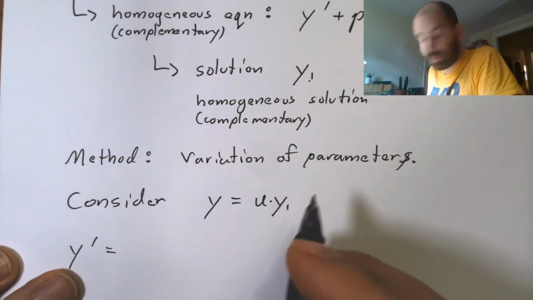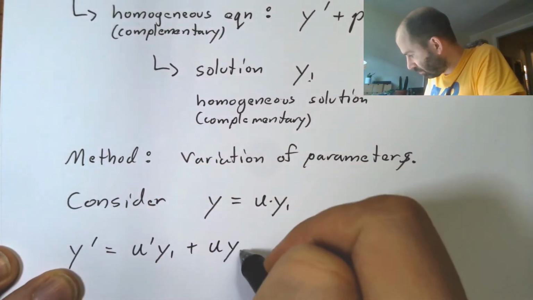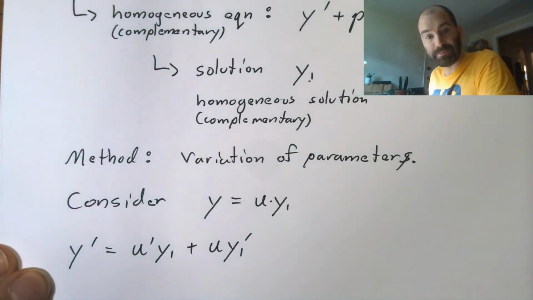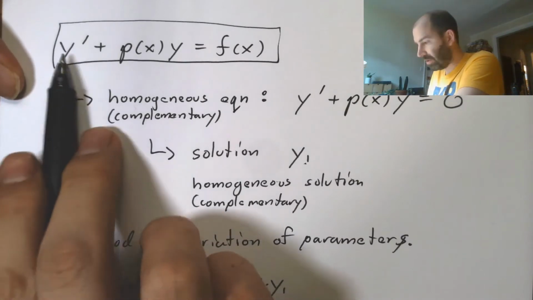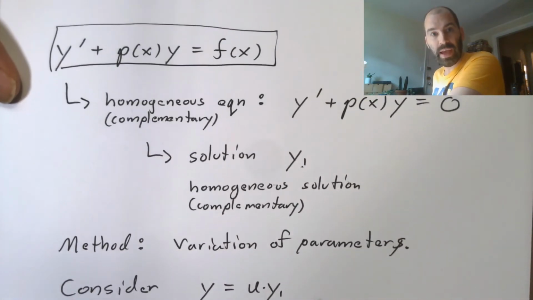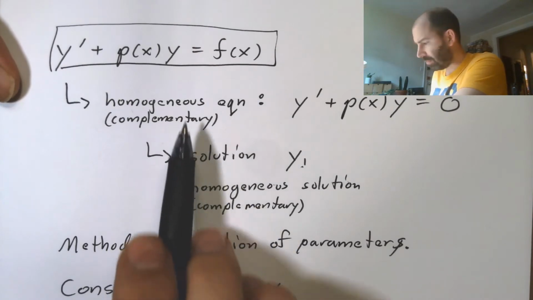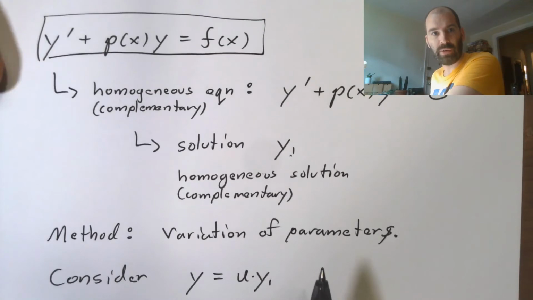Because this is a product. So I get this. Okay? So in place of y prime up here, I'm going to put this guy. And in place of y, I'm going to put this guy. So let's write that all out, okay?